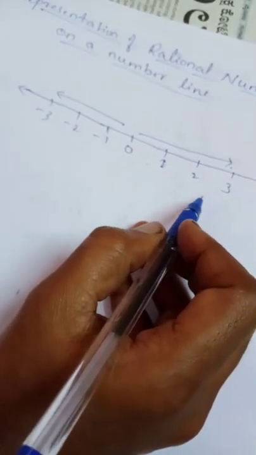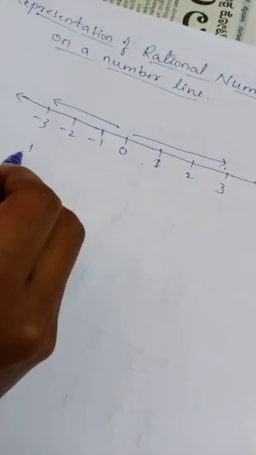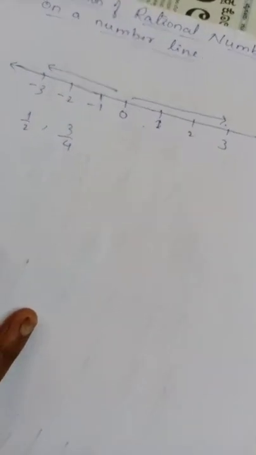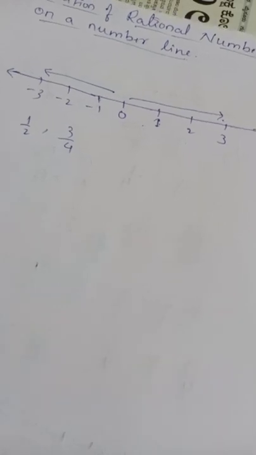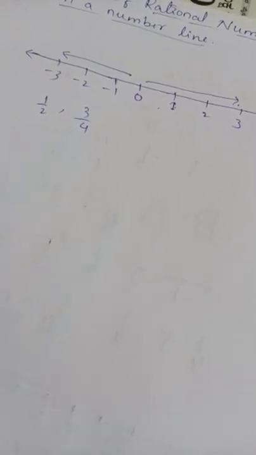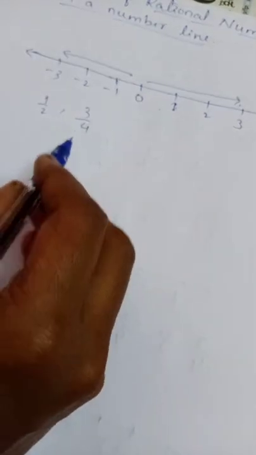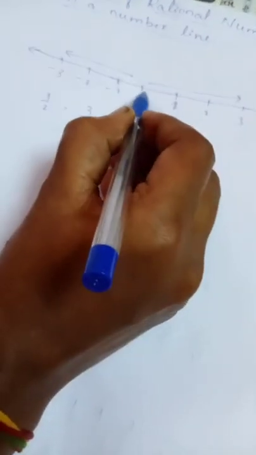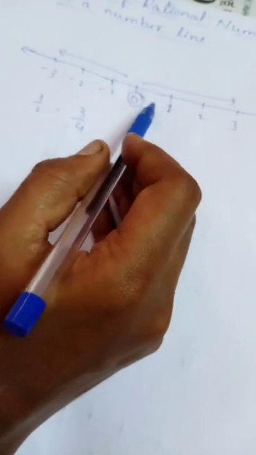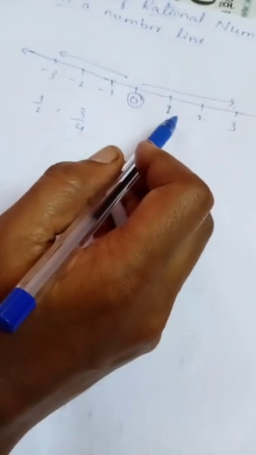But how do we plot numbers like 1 by 2, 3 by 4 and so on? Before we understand how to plot this, we need to understand a very crucial point: every integer except 0 has a corresponding integer.